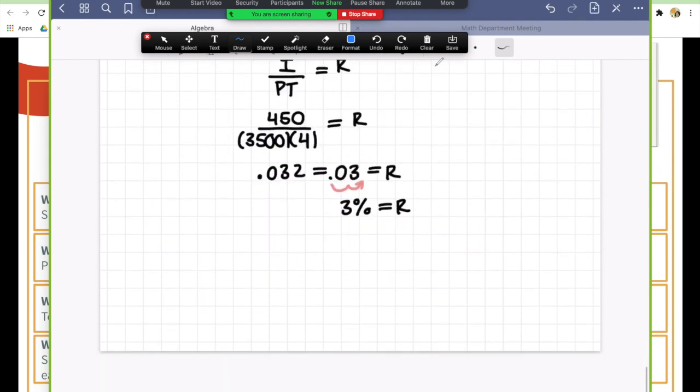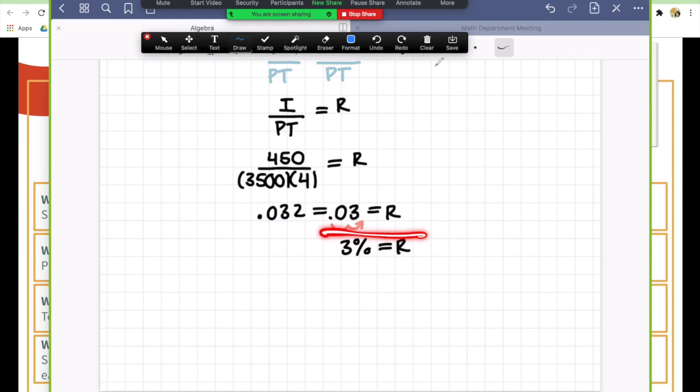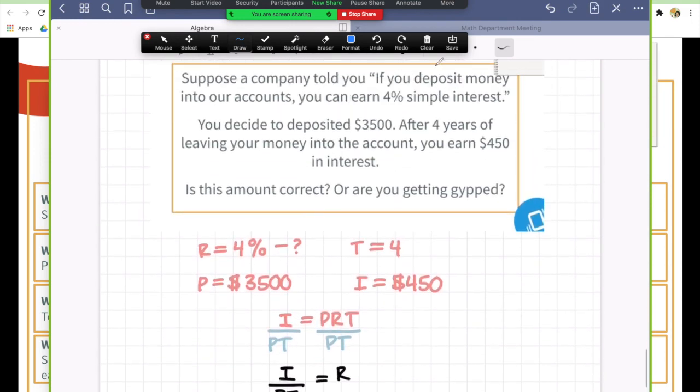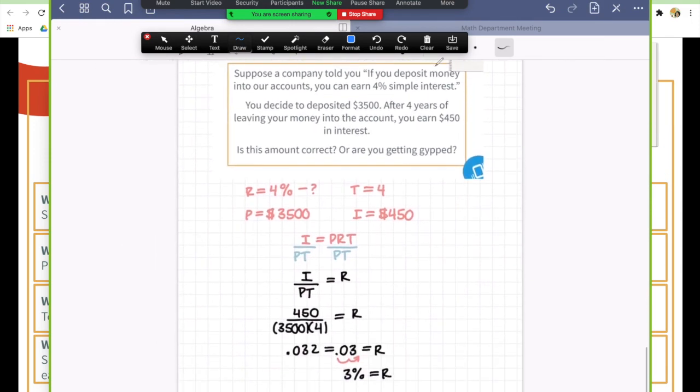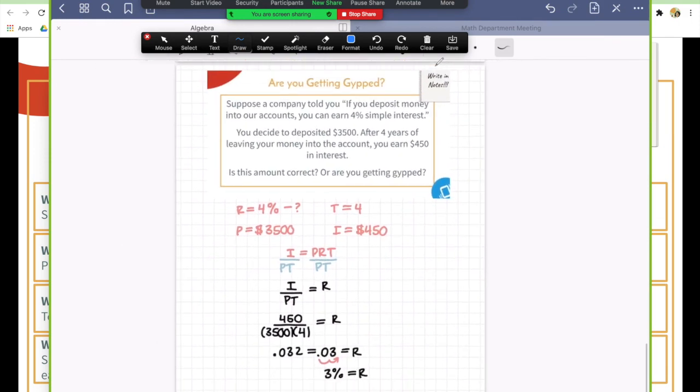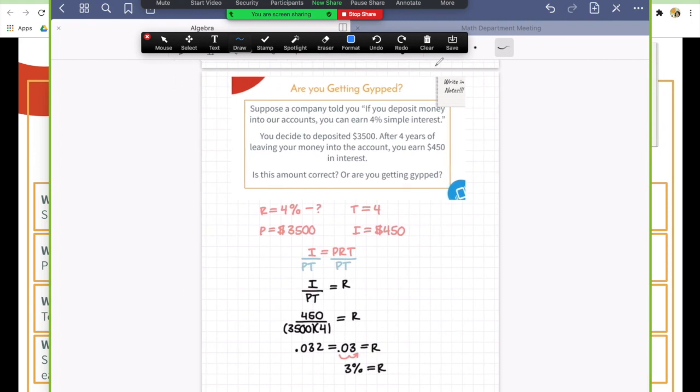The answer is yes, because rather than getting that 4%, they're actually giving us only 3%. Okay. So this is just a few examples of how literal equations can be used in the real world. Let me know if you have any questions. If you don't, that's great. Good luck.